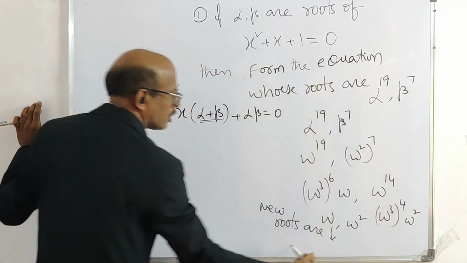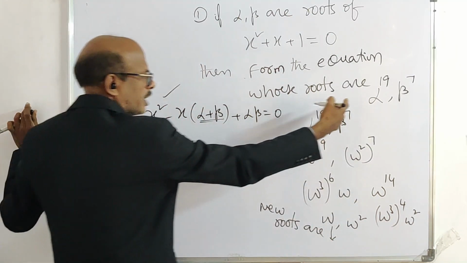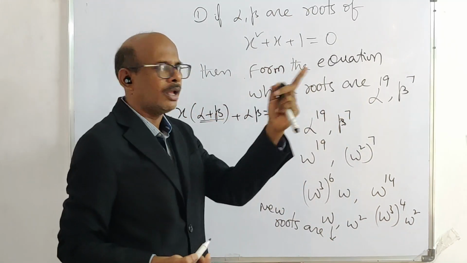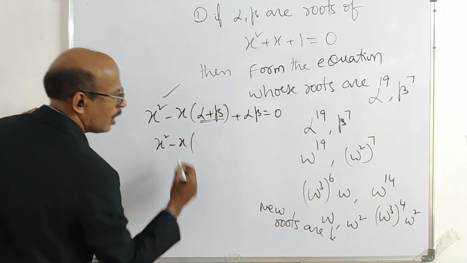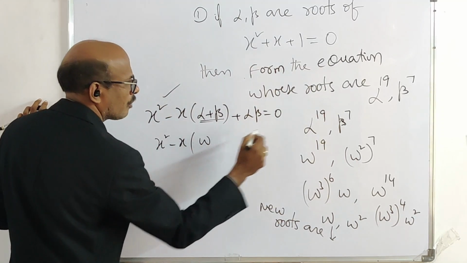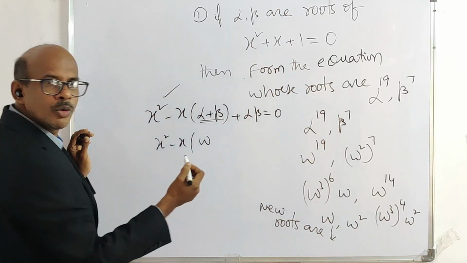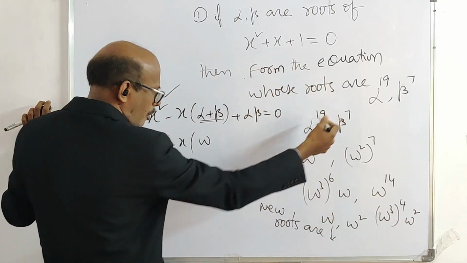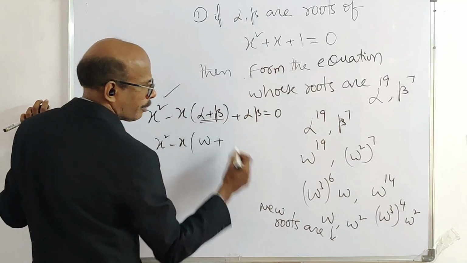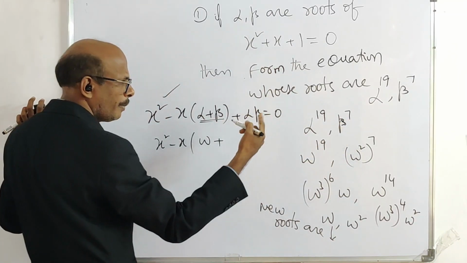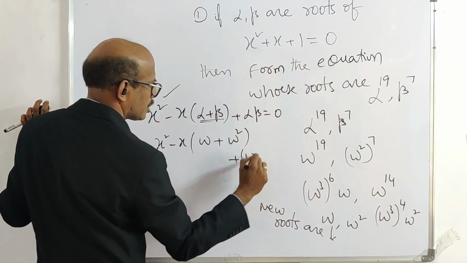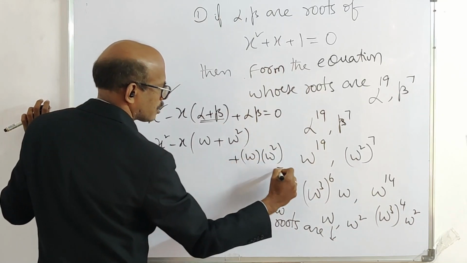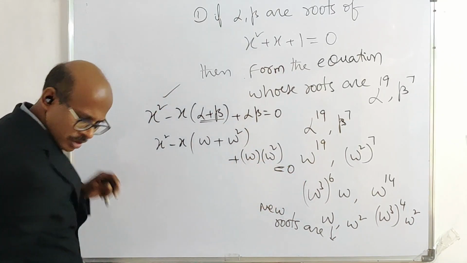After this transformation, by putting omega in place of alpha and omega square in place of beta, alpha plus beta means the new alpha, power 19, becoming omega, and beta, power 7, becoming omega square. I think you understood the procedure to get the final conclusion.